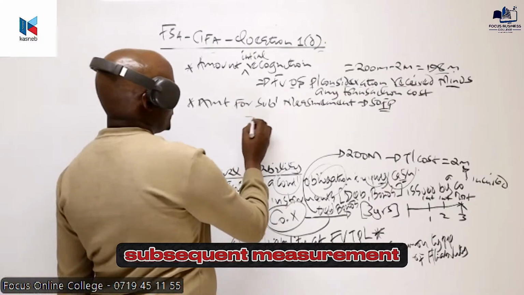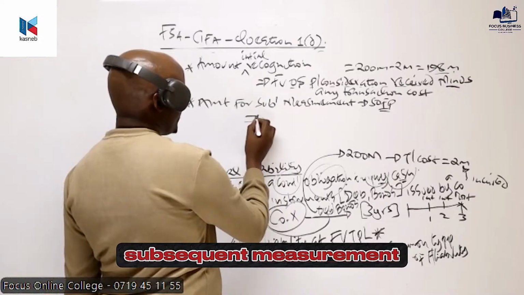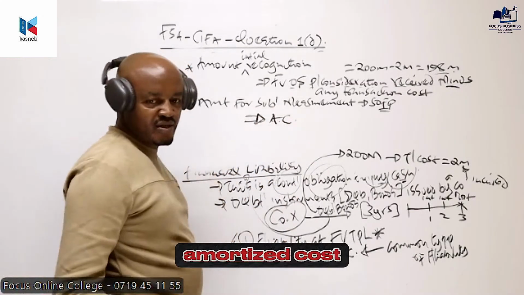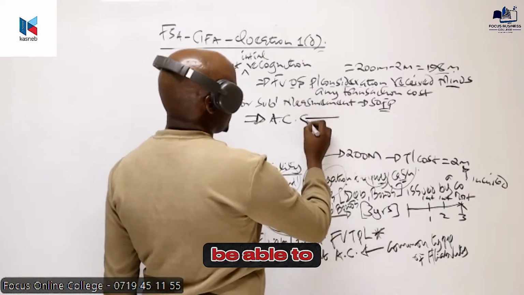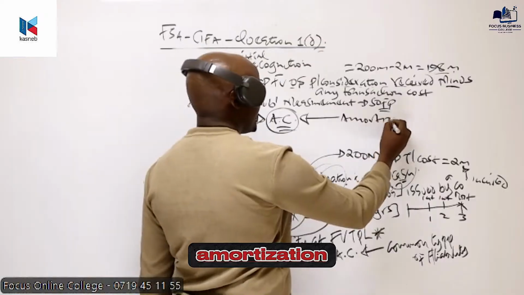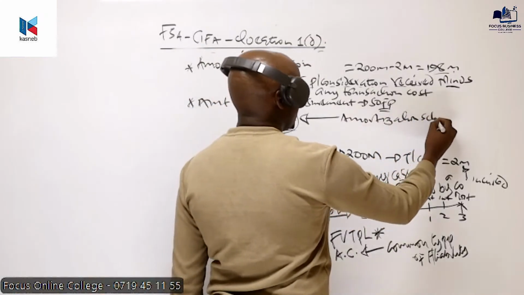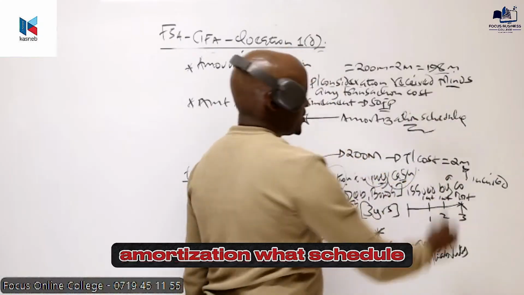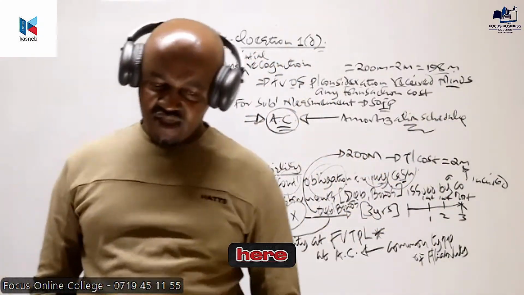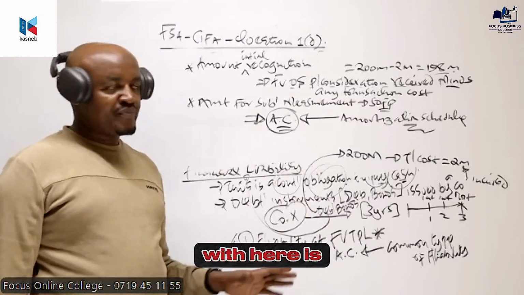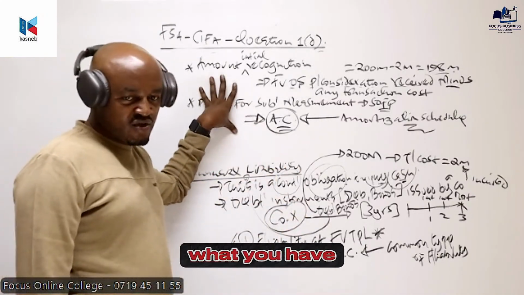Then, what about the amount for subsequent measurement? The amount for subsequent measurement is equal to the amortized cost. For us to be able to determine this amortized cost, we must prepare something called the amortization schedule. Similar to what we have done here, although we will see there is a slight difference because what we are dealing with here is a financial liability.